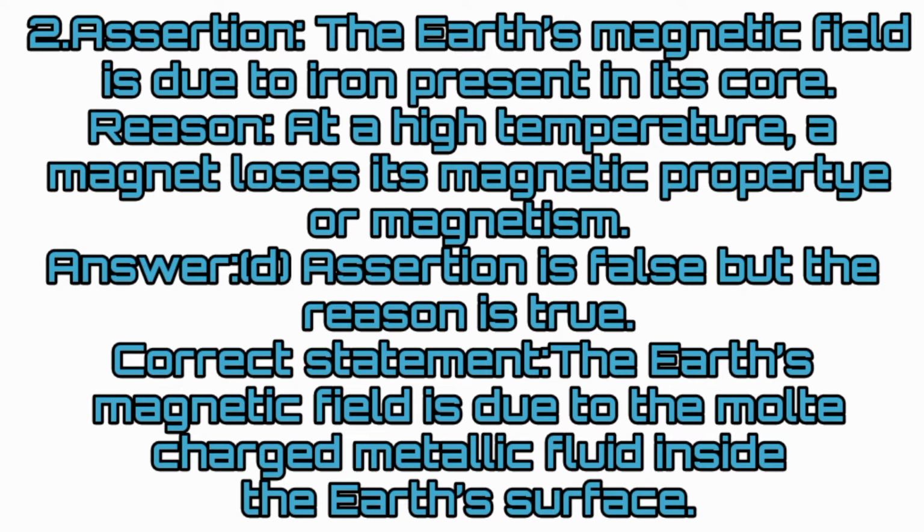The correct statement is the Earth's magnetic field is due to molten charged metallic fluid inside the Earth's surface. So here answer is option D. Assertion is false but the reason is true.